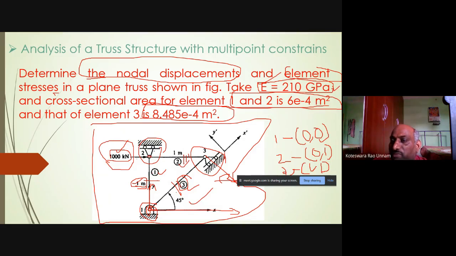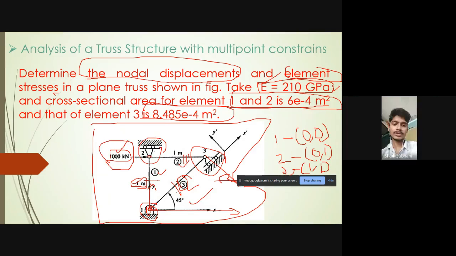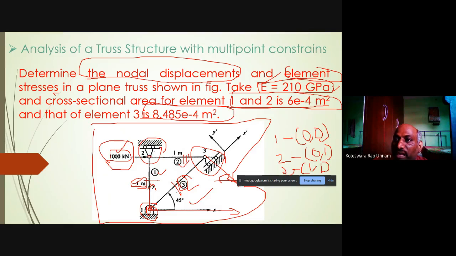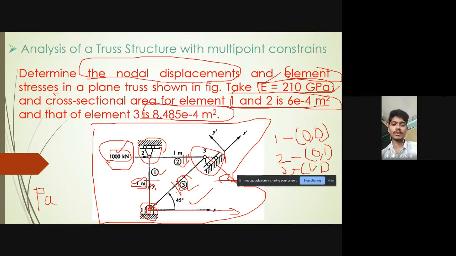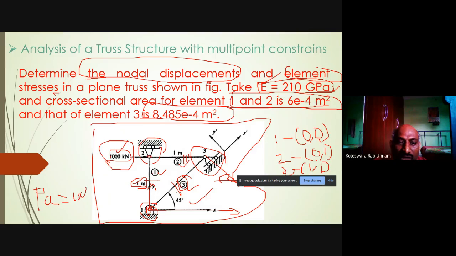Gigapascal means 210 into 10 power 9 pascals, right? And 1 pascal is equal to 1 Newton per meter square.